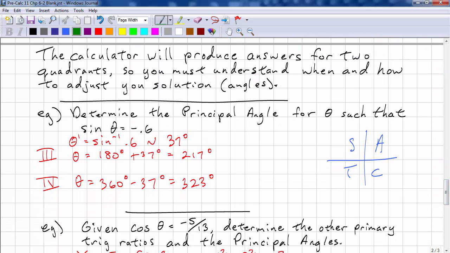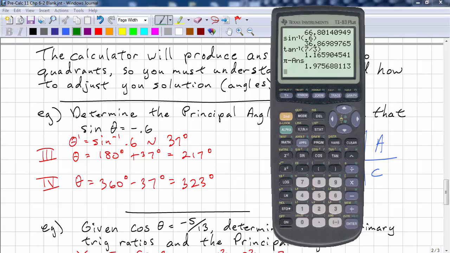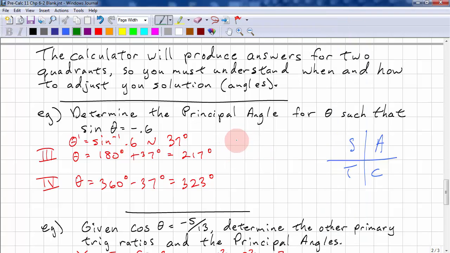And here, again, we can get our answer in terms of radians. So this time we need inverse sine of 0.6, and we get 0.644 rads.